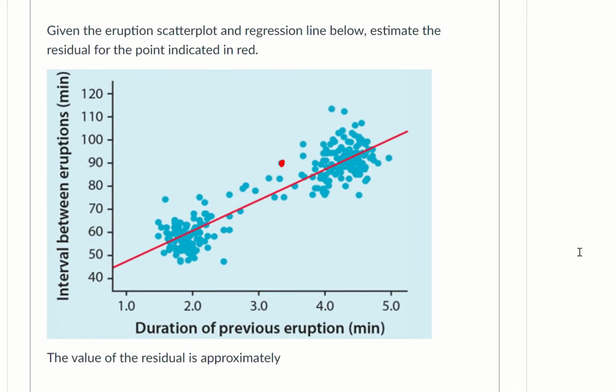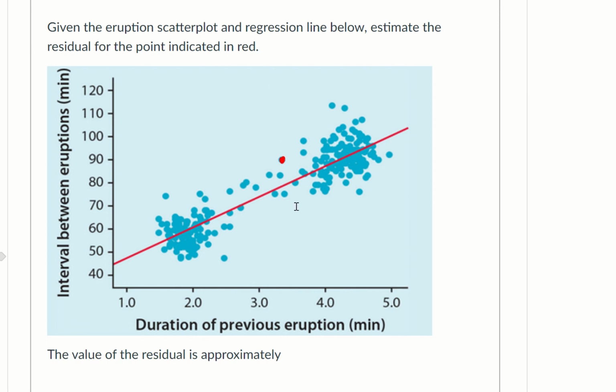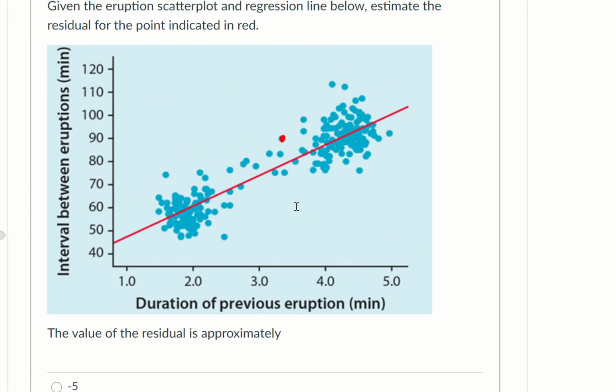All right. Given the eruption scatter plot and regression line below, estimate the residual for the point indicated in red. All right, so basically the residual here, if you look at this red dot, remember the residual is y minus y hat. So the y is the actual data point, which is the point in red here that we're looking at. So it looks like it's about 90.